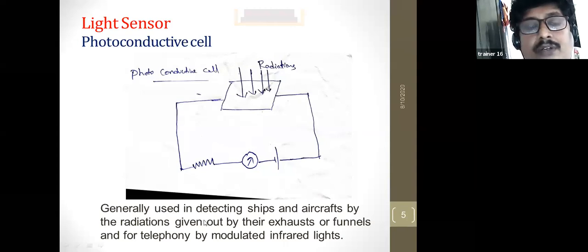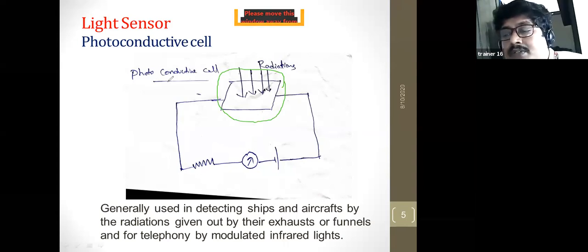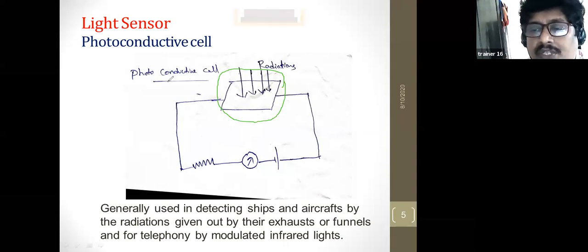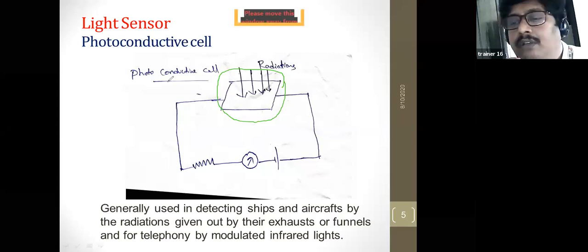Coming to the photoconductivity cell, this is the semiconductor material. What is the meaning of photoconductivity cell? That means it transfers the light. Some person said the voice is very low. Now it is clear. Right. Okay.